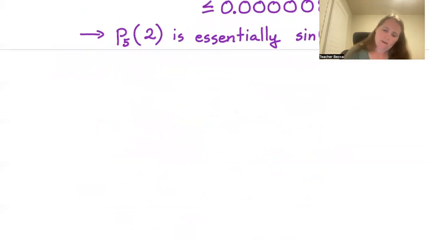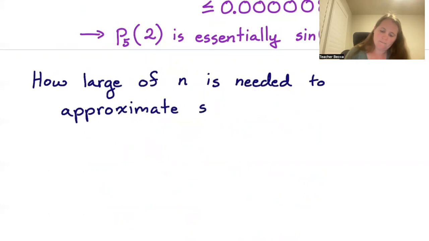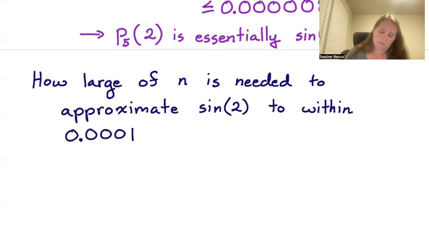So next up, we wanted to know how large of an n is needed to approximate sine of 2 to within 0.0001.